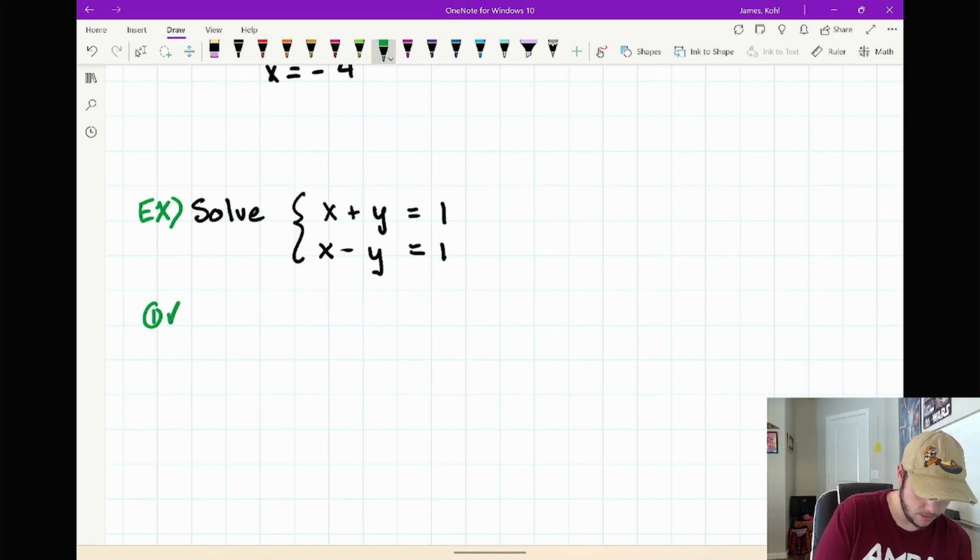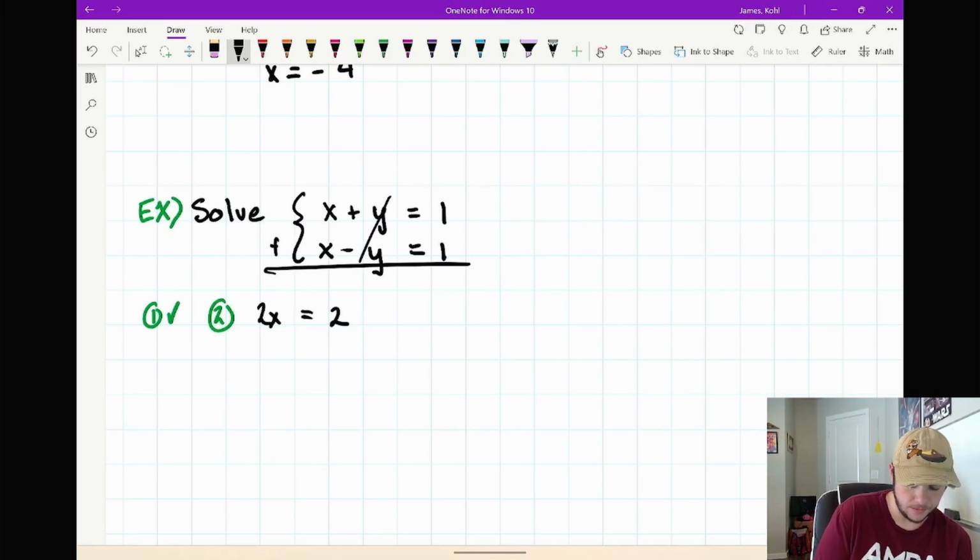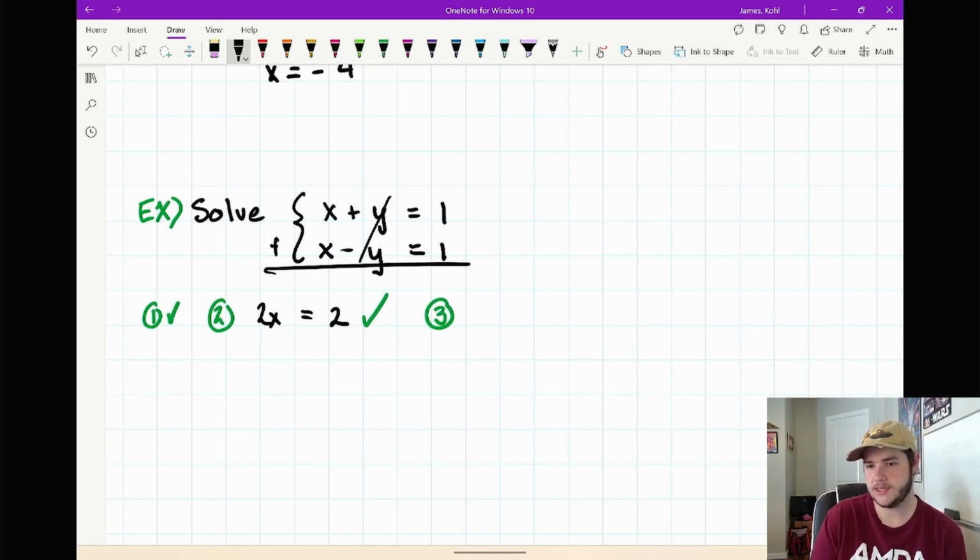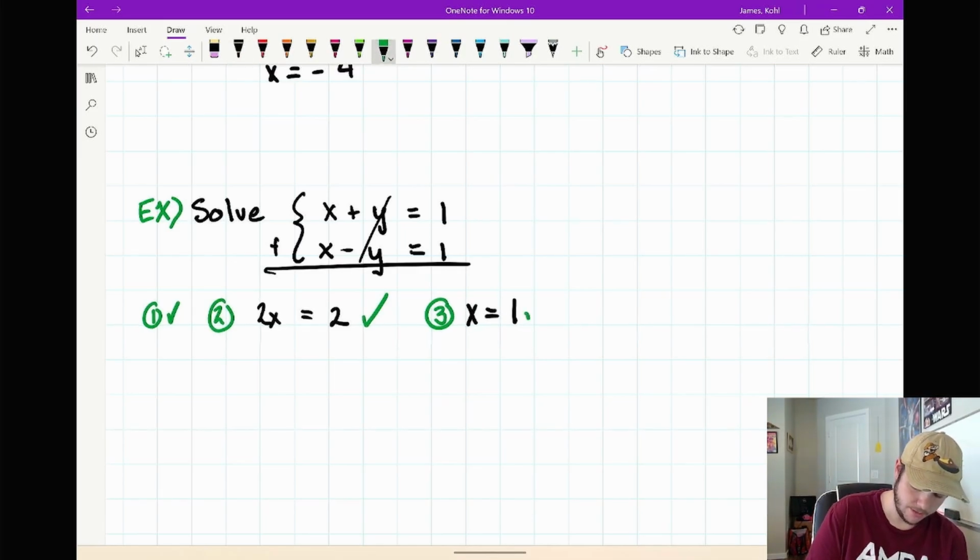Step 2 is to add these guys together. I'll get 2x, I'll eliminate the y's, equals 2. Check. Step 3 would be to solve that equation for x. I simply just need to divide both sides by 2 to get that x is 1. Check.